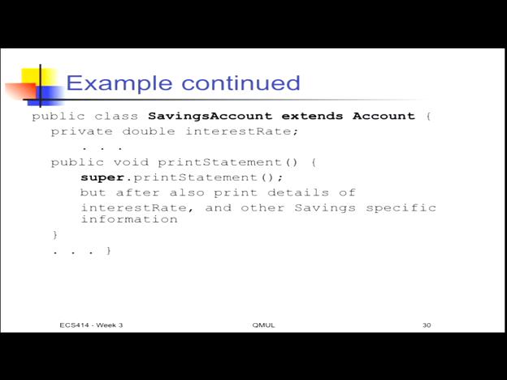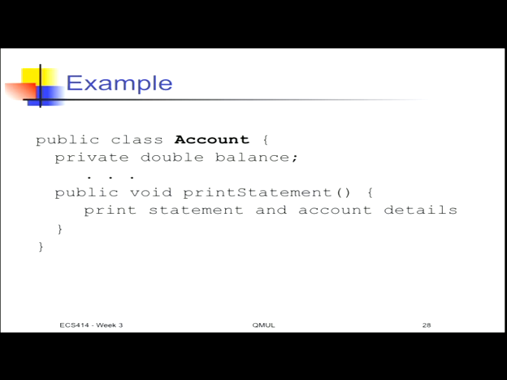Question from the last platform. So we said we use super, so we refer to printStatement from the superclass. So here we say we have account, and account has this printStatement method.